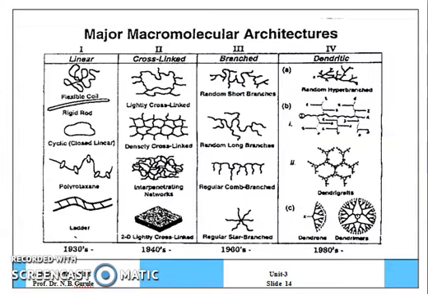This molecular architecture is further classified into different types, and this schematic represents the further classification of the structure and architecture of polymers. Here you will observe flexible coil, rigid rod, cyclic or closed linear structure, and likewise the other structures.